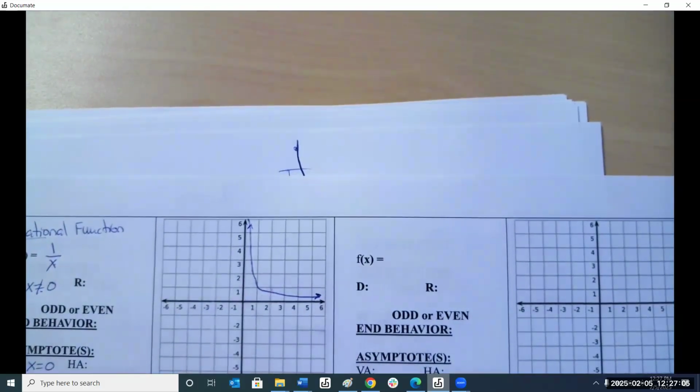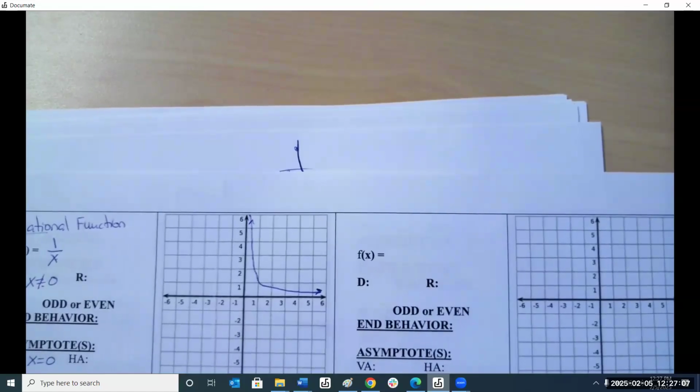Rational functions have x on the bottom. When x is positive, that's what it looks like. What happens when x is negative? Which quadrant? It's going to be in the third quadrant. It's going to look like this.